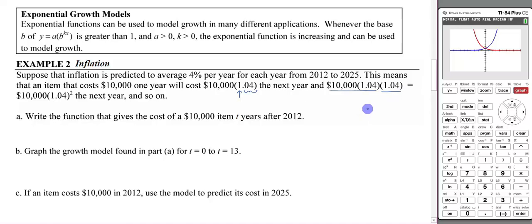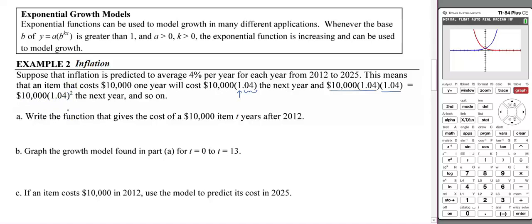1.04. Well, a more concise way to write that would be $10,000 times 1.04 squared. And so on. So if we go for another year, it'll be $10,000 times 1.04 times 1.04 times 1.04, or in other words, 10,000 times 1.04 to the third.